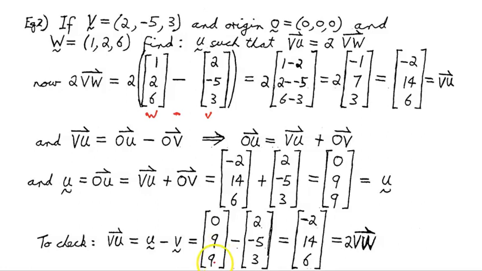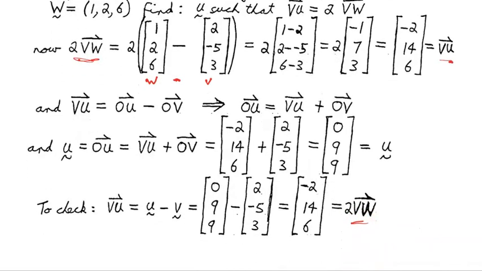So we get U minus V. When we perform this operation, 0 minus 2 is negative 2, 9 minus 5 is 14, 9 minus 3 is 6, and we see that negative 2, 14, 6 is the same as we discovered up here, 2VW. And so we now find that VU is equal to 2VW, which was what we were after achieving.